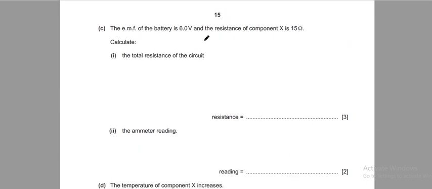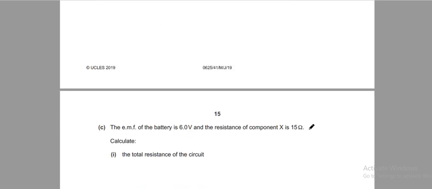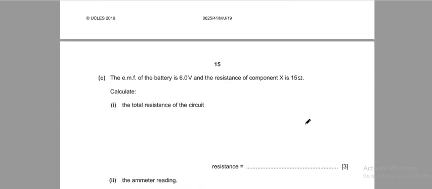The EMF of the battery is 6 and the resistance of component X is 15. Calculate the total resistance of the circuit. The resistance of component X is 15 and it is connected in parallel to 30. So combining these two resistors will give a resistance of 1 over 15 plus 1 over 30.